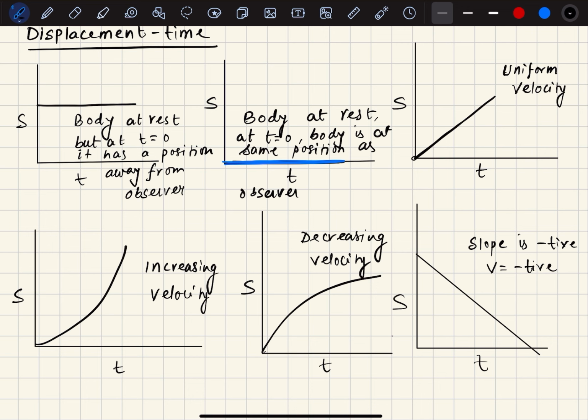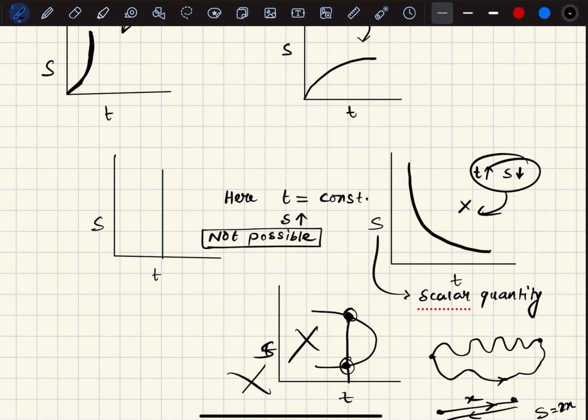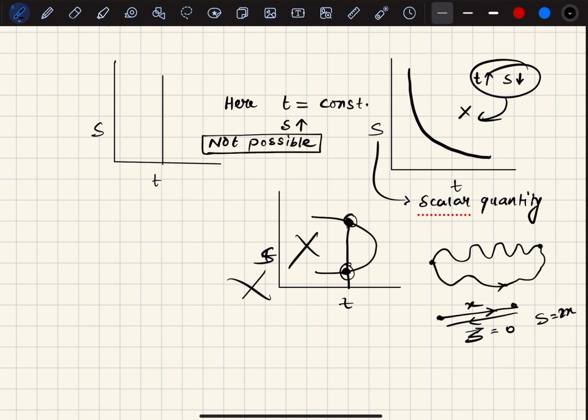Displacement is decreasing as time is increasing. See, I have done a similar thing over here in the case of distance. However, distance was a scalar quantity, so whenever time increases, distance cannot decrease, but displacement can. So this is possible.